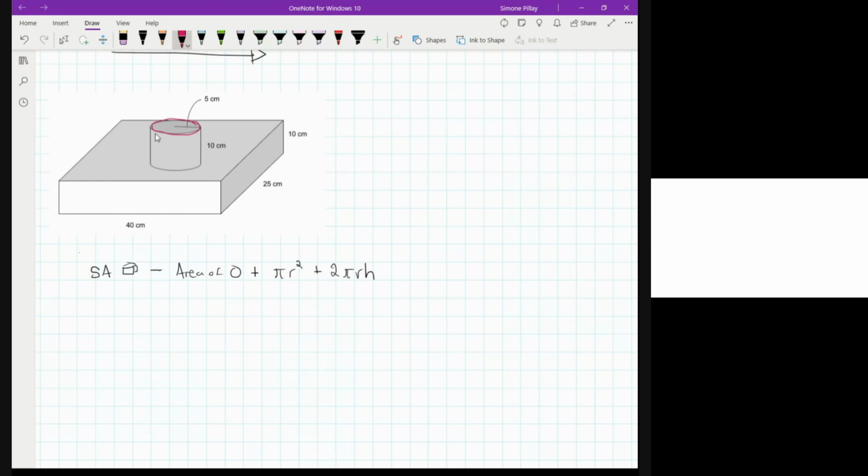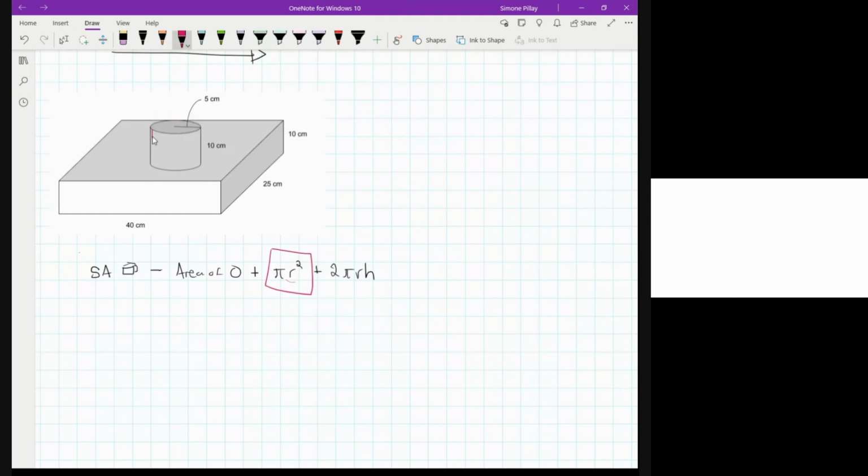But I can touch the top of my cylinder. Do you get now why I'm including that? So that explains why I included pi r squared. That was the area of my circle at the top.